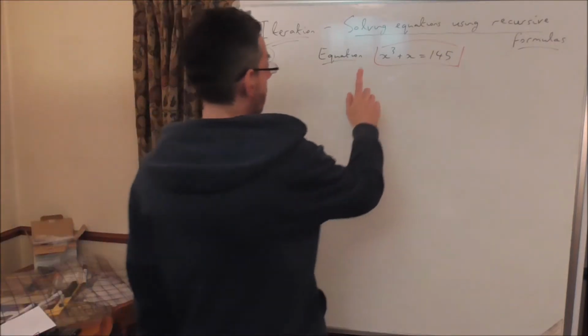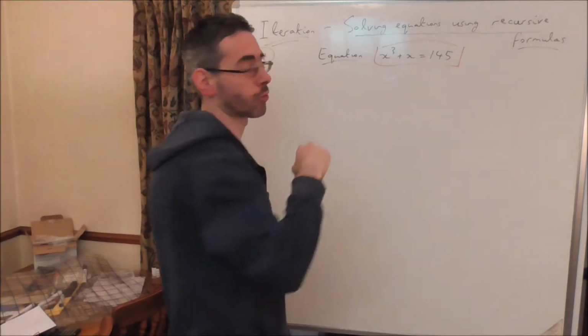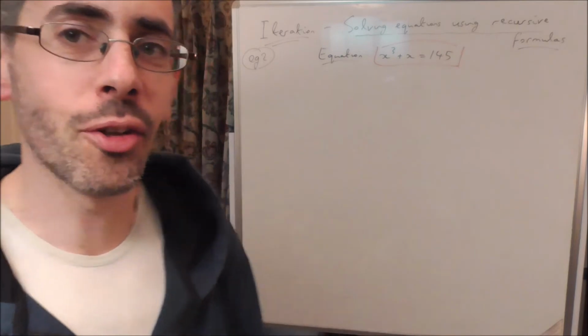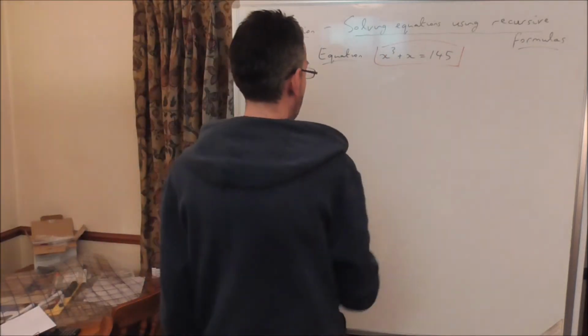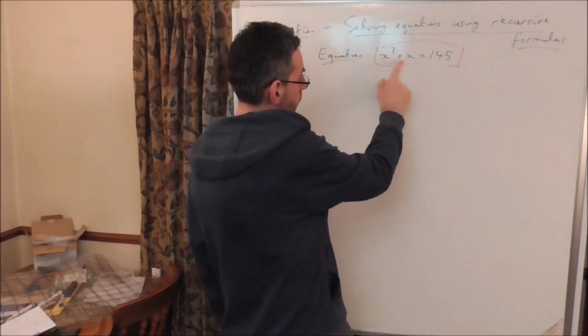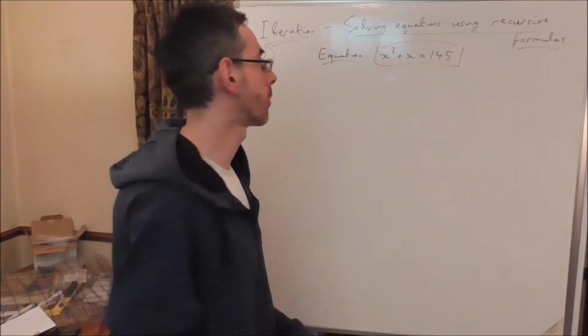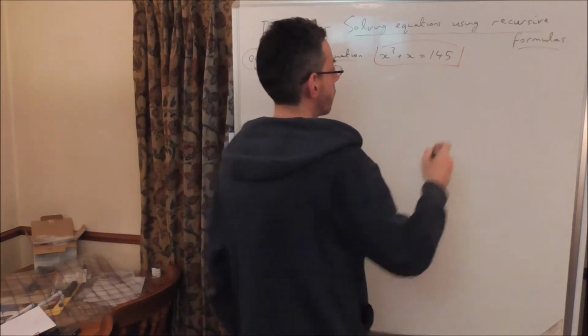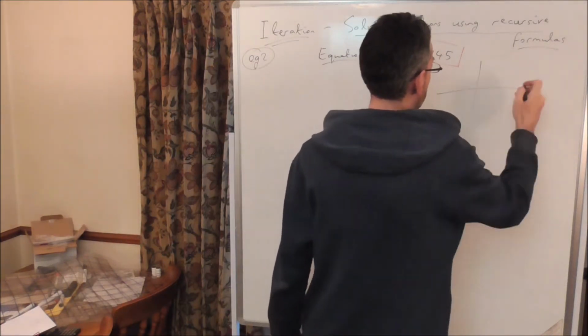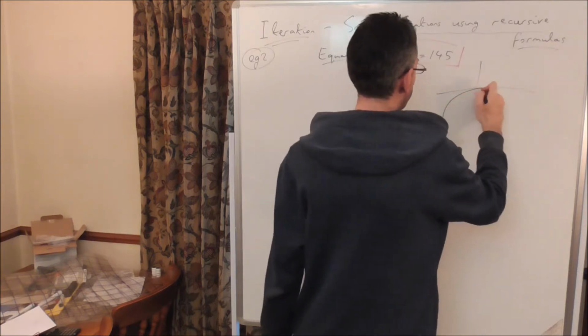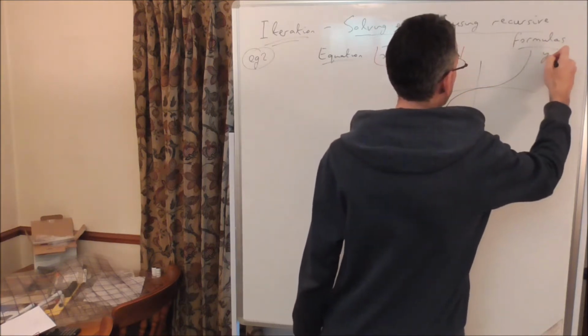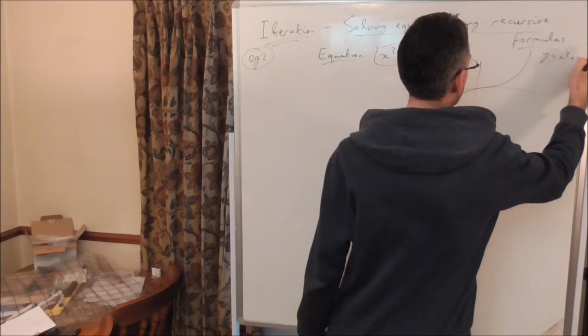So this was the original equation, x cubed plus x equals 145. And you can show the solution to this equation in a picture if you just do a graph of the left-hand side of the equation, a graph of y equals x cubed plus x. A sketch of it would be something like this. Y equals x cubed plus x.